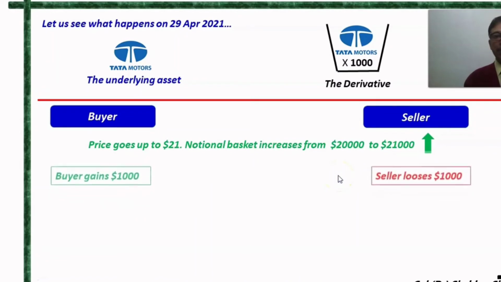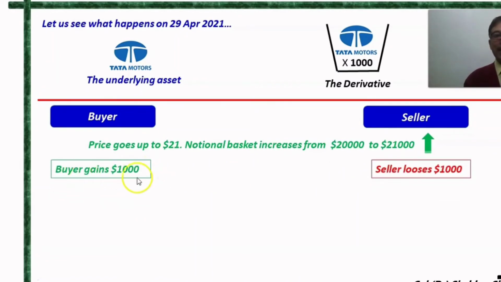So what has happened in reality? The buyer has gained $1,000 because he had bought at 20, now it has become 21. So he has gained $1,000. But the seller has lost $1,000 because he had sold at 20. Now the price has increased to 21. So he has to repurchase at 21. Alright. So he has lost $1,000. I correct myself.